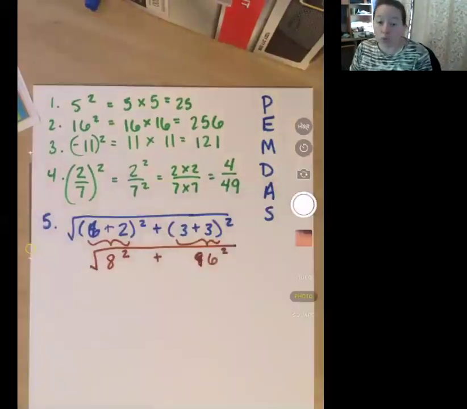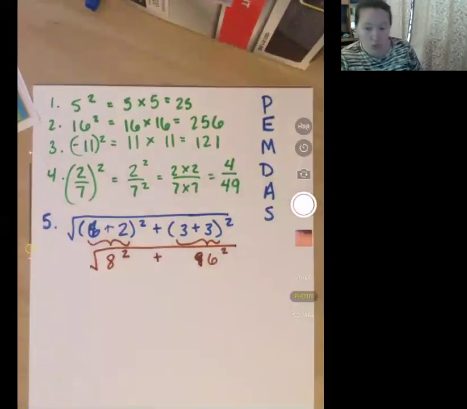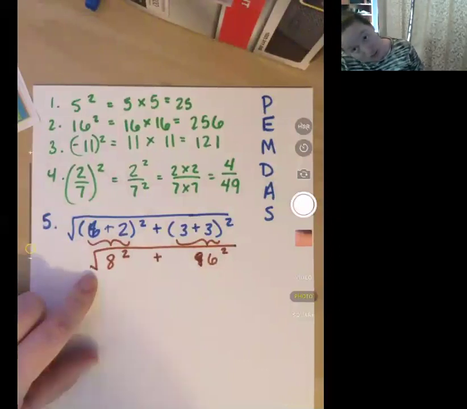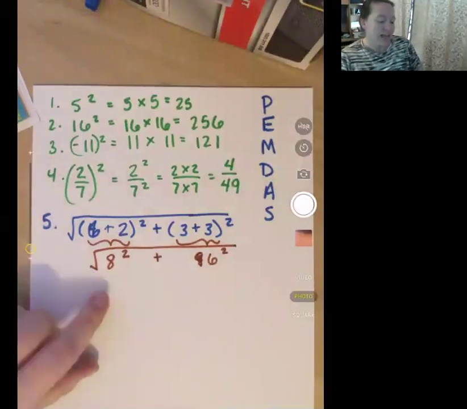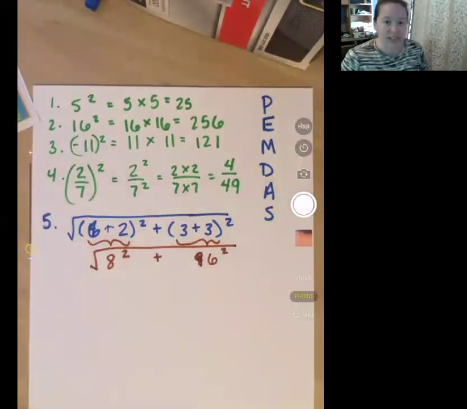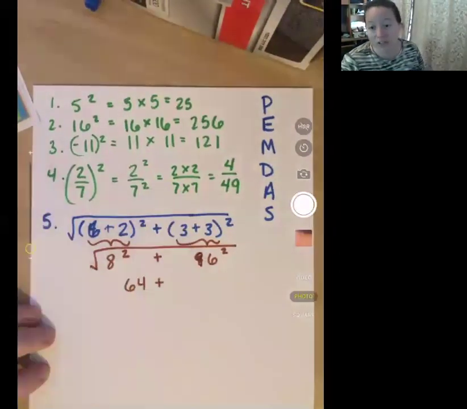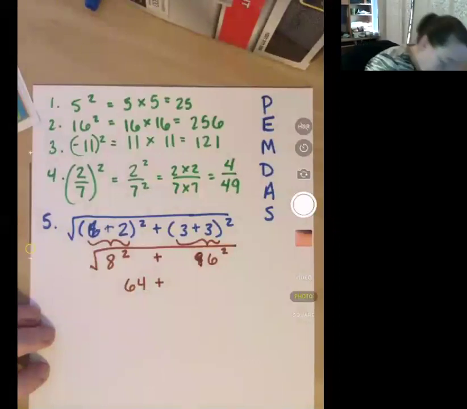Now, we treat the square root sign like it is parentheses. Okay, so we do everything under the square root sign first, and then we do the square root sign. So 8 squared, that is literally 8 times 8, which is 64, plus 6 squared, that is literally 6 times 6, which is 36.